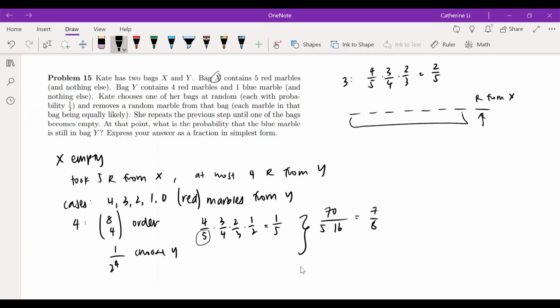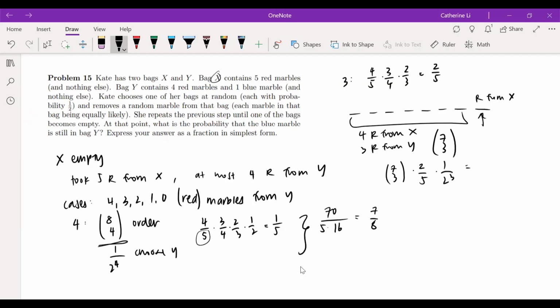And then there's 4 red from X and 3 red from Y here. So that's how we get 7 choose 3 and 8 choose 4 here. And then we also need the 1 over 2 cubed to choose Y 3 times.